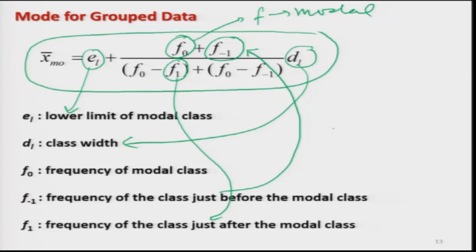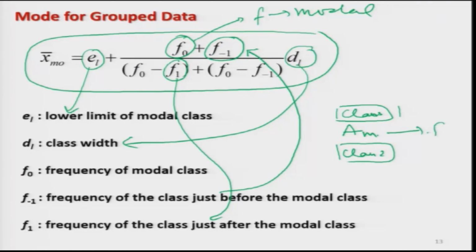So, for example, if I have the modal class, then the class before it and the class after it, the frequency of the modal class is f0, before it is f-1, and after it is f1. Now, based on that we will compute the mode.